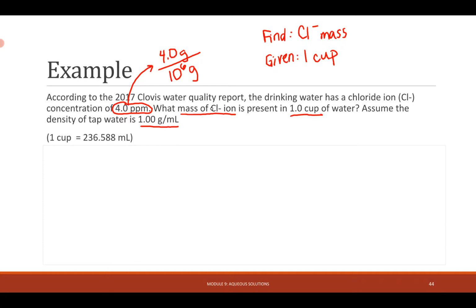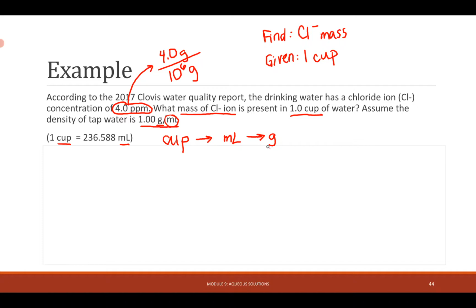All right, so I'm given my 1 cup of water. So I can go from cup to milliliters, and I'll use that conversion given to me. From milliliters, I have my density, so I could use my density value to go from milliliters to grams.